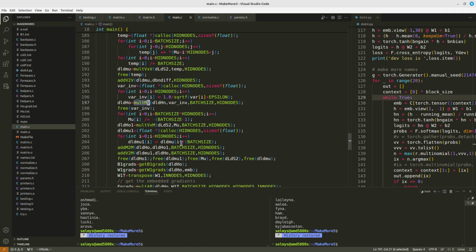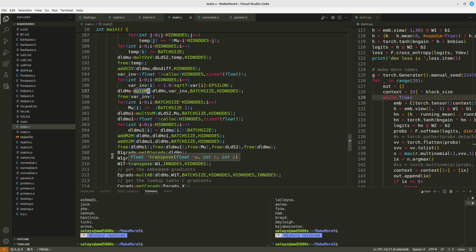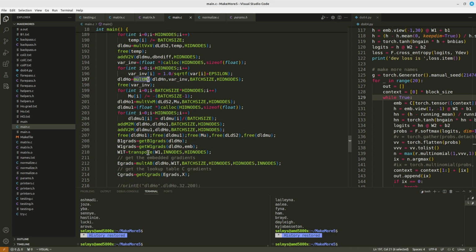Little by little we go through until we end up getting the B1 gradients, the W1 gradients, and then we get our E gradients for our embedded gradients. And finally, we have to undo the embedding of the E gradients to get our C gradients.